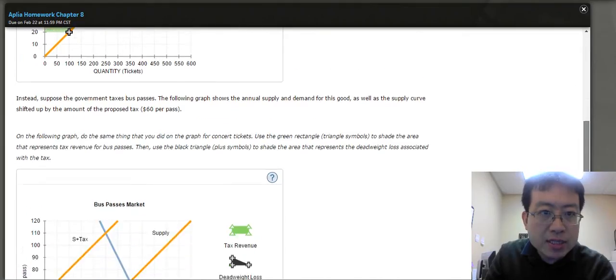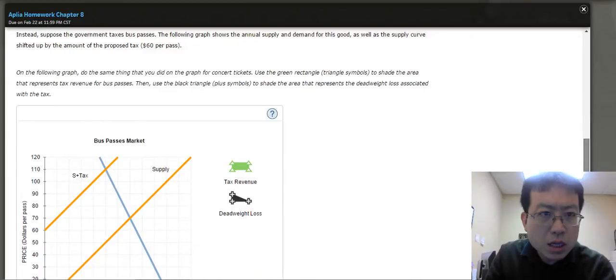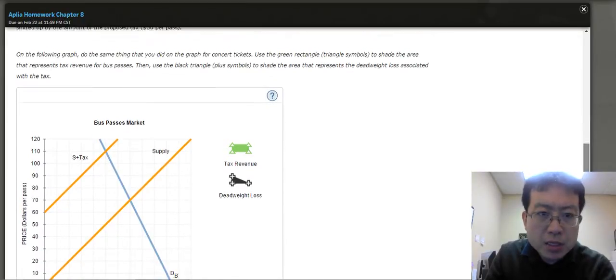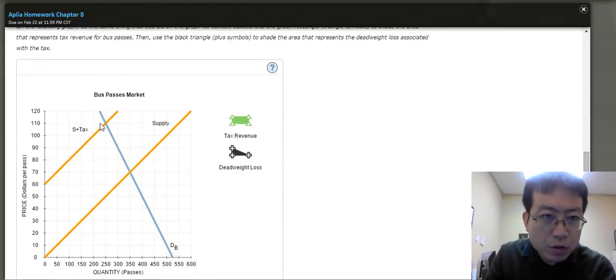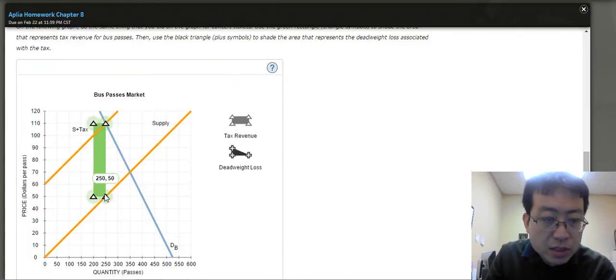And then for the second one, same concept. Now in the marketplace for bus passes, again, tax revenue goes from this intersection. We'll have our quantities, so that will be price 110, quantity 250, and then go down to our original supply curve, which is 50.